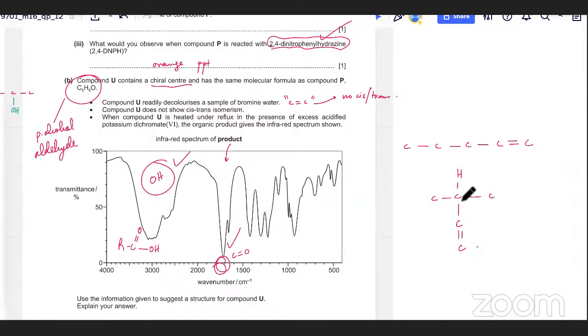At the moment this is not chiral, because the two sides are kind of the same. I know it could be an alcohol or an aldehyde, so maybe I can add an OH. Now the two sides are different. Remember, I can only add one OH because there's only one oxygen.